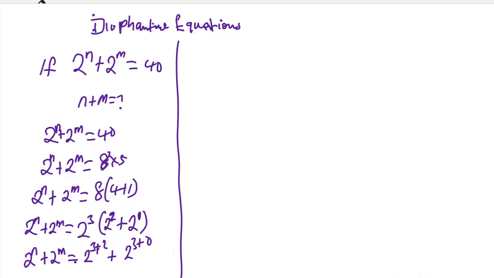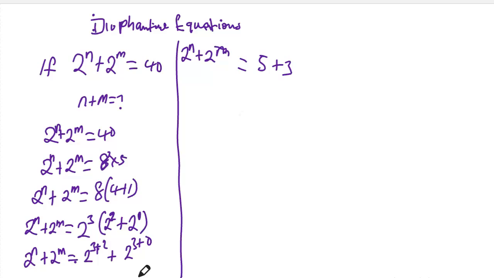If I continue, I will have 2 power n plus 2 power m to be equal to 2 power 5, because 3 plus 2 gives me 5, plus 2 power 3 plus 0 on this side. So now I have 2 power n plus 2 power m equal to 2 power 5 plus 2 power 3.